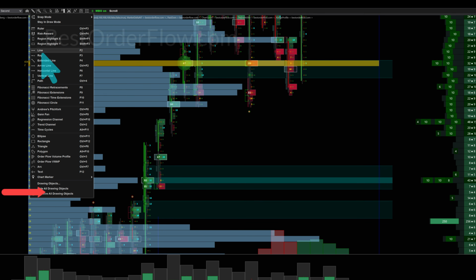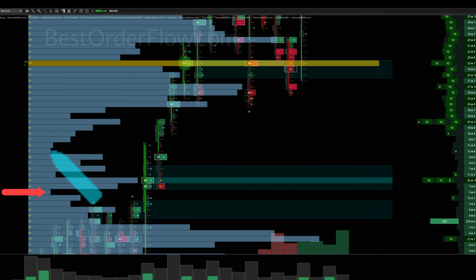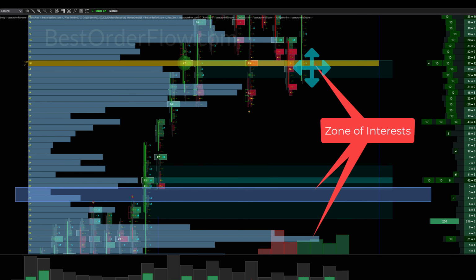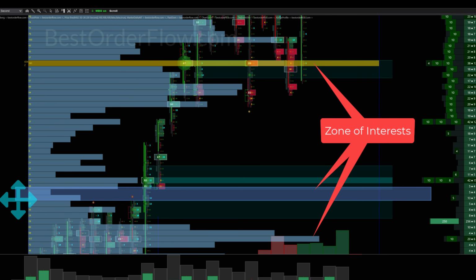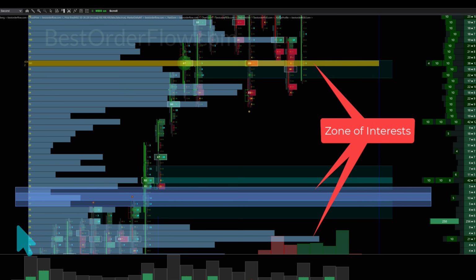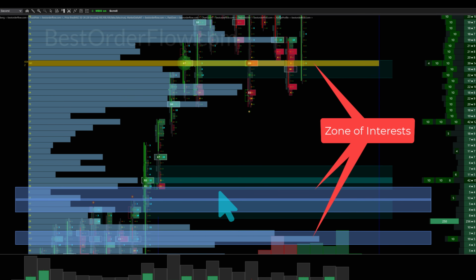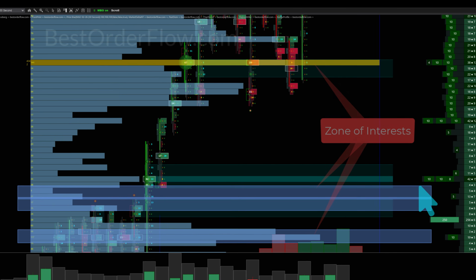So on the volume profile, the attention area is the lowest, and the thickest or largest area, here, and the POC over here, are my zones of interest. And when the price approaches these particular spots, then I'm like, be careful.